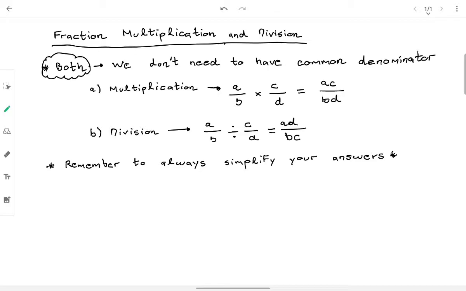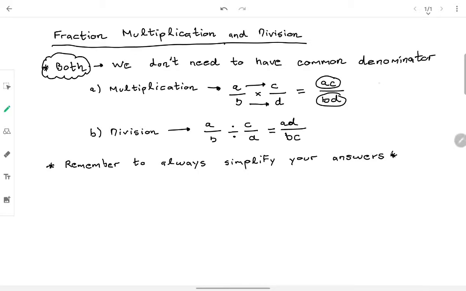In the case of multiplication, the process is simple. We need to multiply both numerators, or more if we have more than two, and they will create the numerator. We will multiply both denominators, and they will become the denominator of the fraction that is the answer.